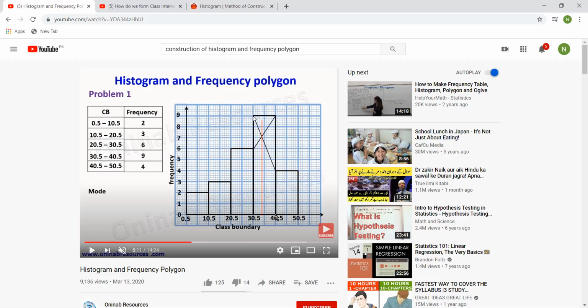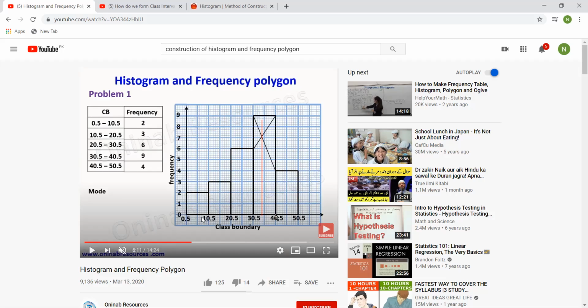Just draw a line joining this height to this height. And from the next corner of the highest frequency rectangle, draw a line to the other consecutive class whose frequency is 6. Where these two lines cut each other, draw a vertical line from that point to the x-axis, and you can read the value of the mode.